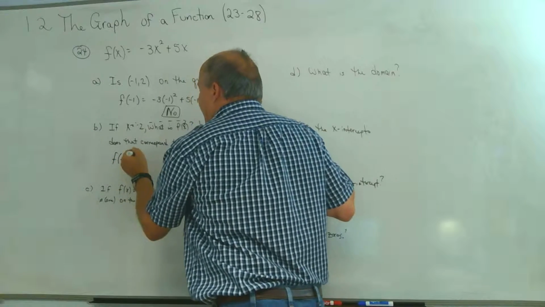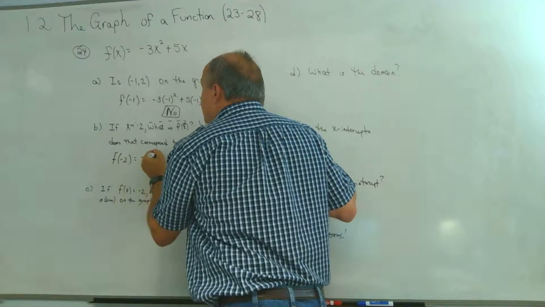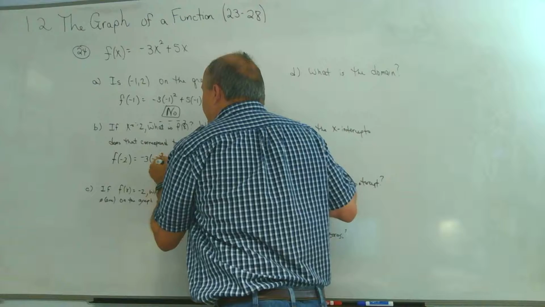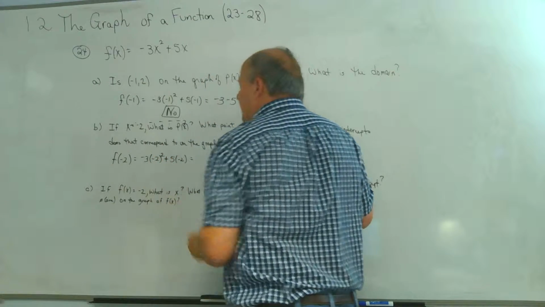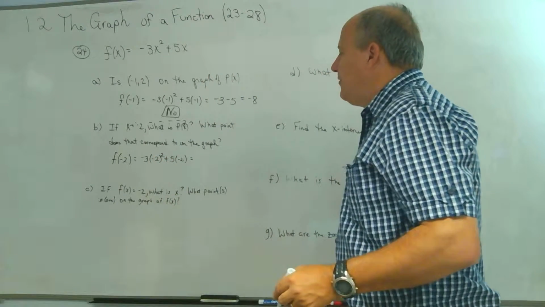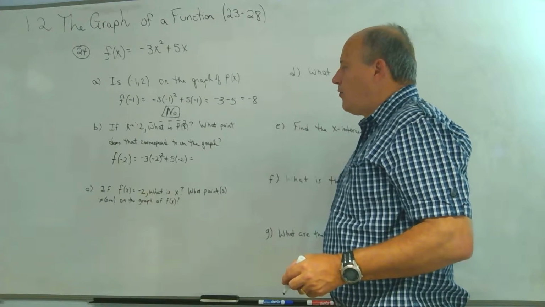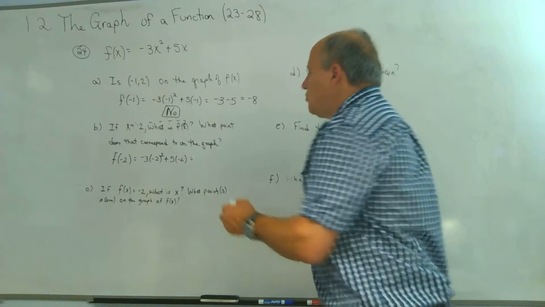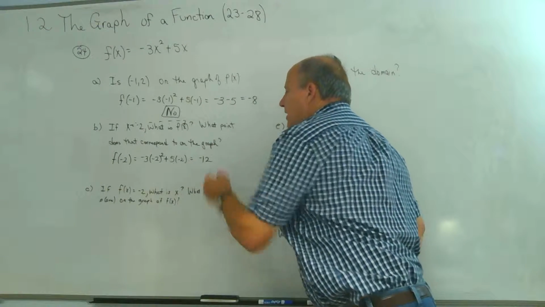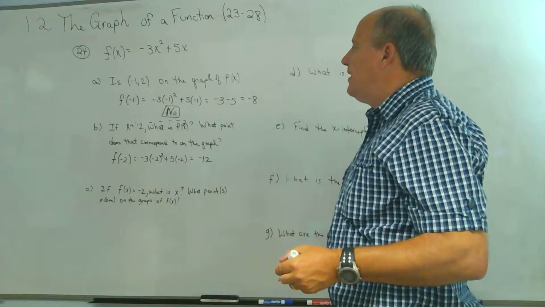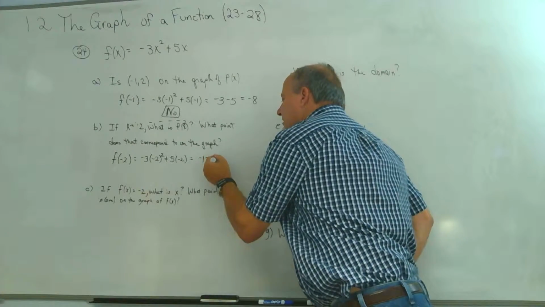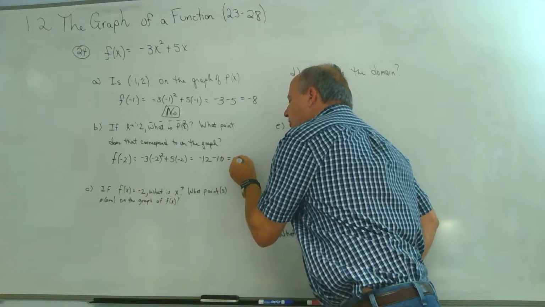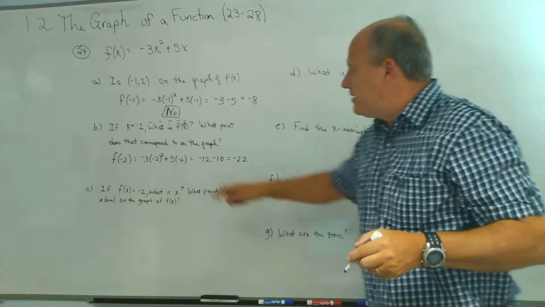It's going to be negative 3 times negative 2 squared plus 5 times negative 2. Now, negative 2 squared is 4. 4 times negative 3 is negative 12. 5 times negative 2 is negative 10. And that's a negative 22 if I didn't make a mistake on my math. Let me make sure.